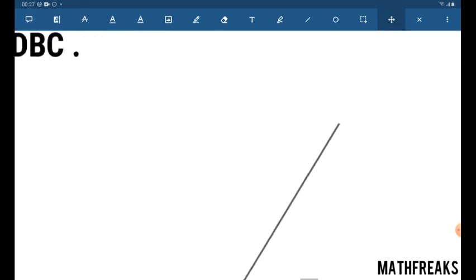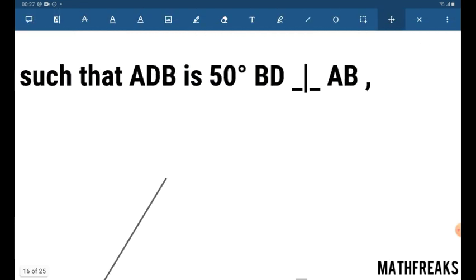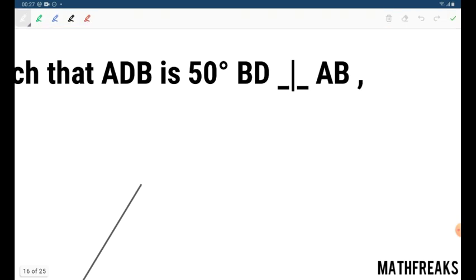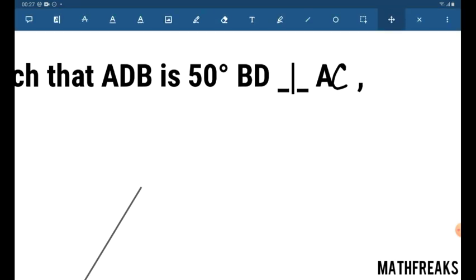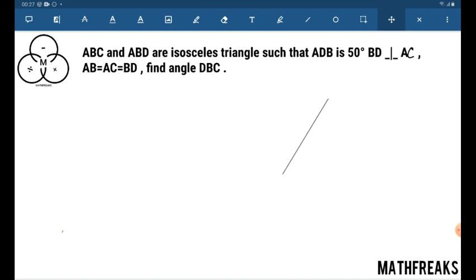There is one typo in this question. This will be AC, BD perpendicular to AC. Now try this. I am providing you the figure.